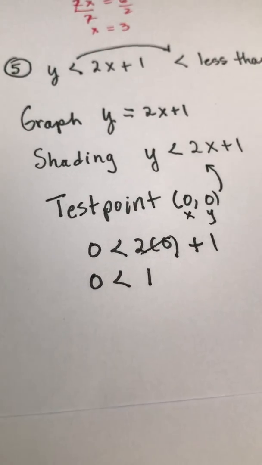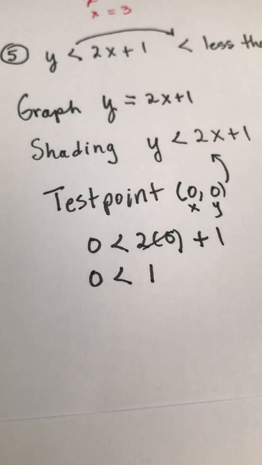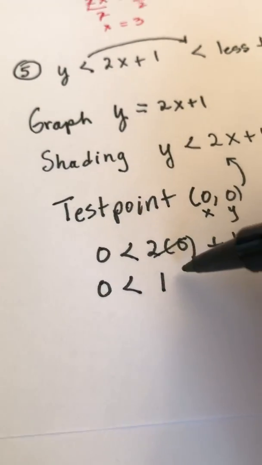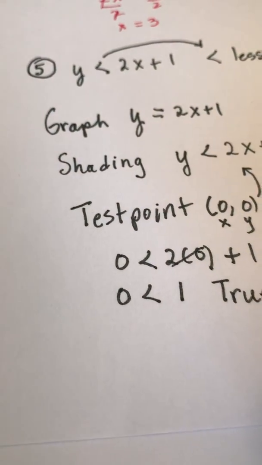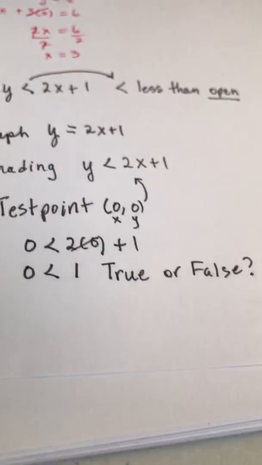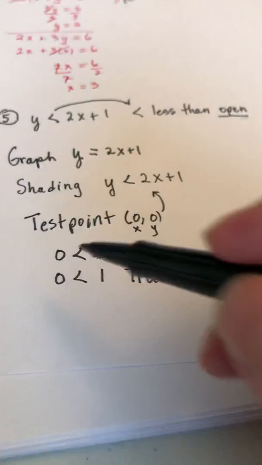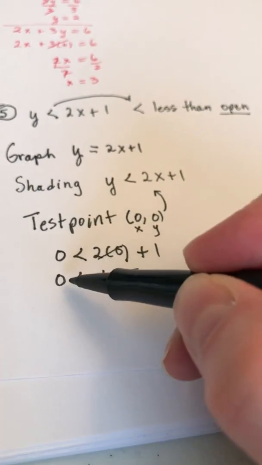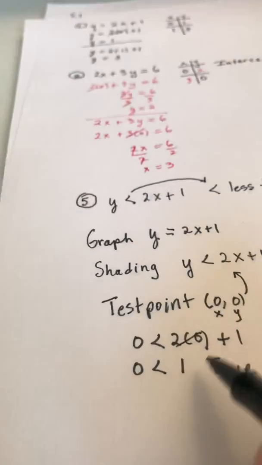Now, it's stating what we have written here: 0 is less than 1. Is that true or false? 0 is less than 1. You see how you have to know that that says is less than. You've got to be able to read that. 0 is less than 1. That's true.